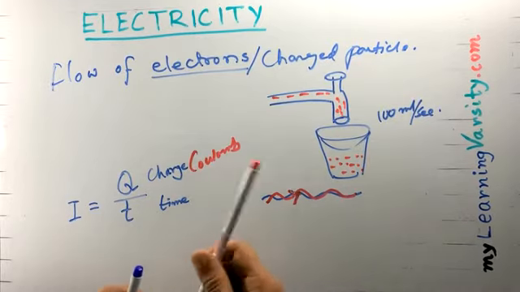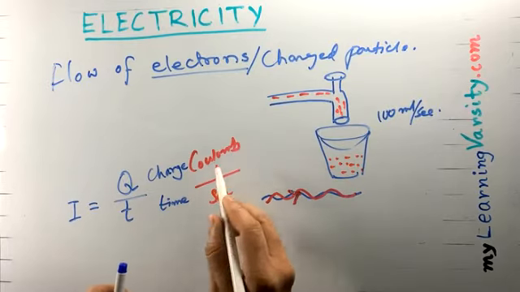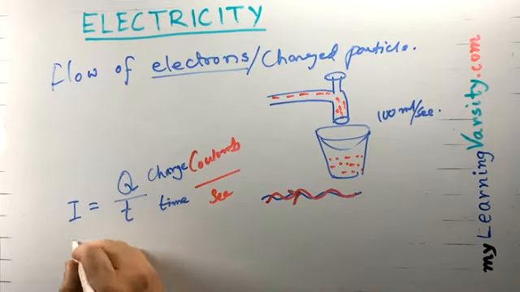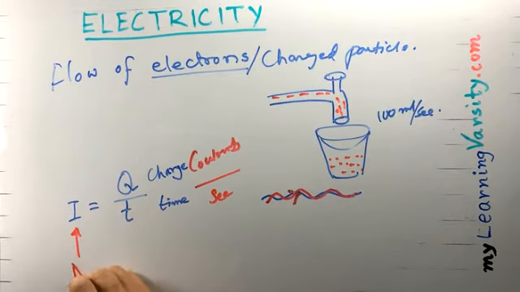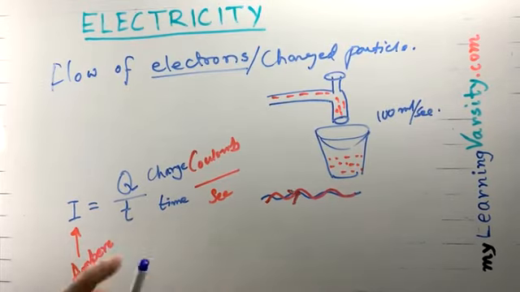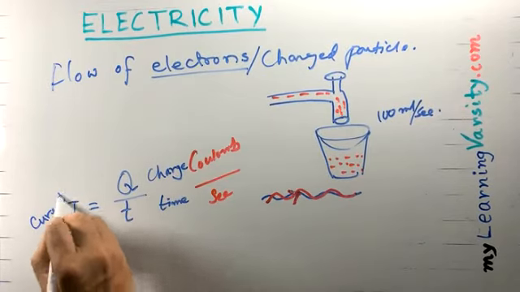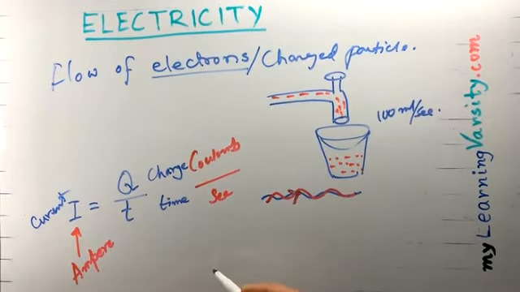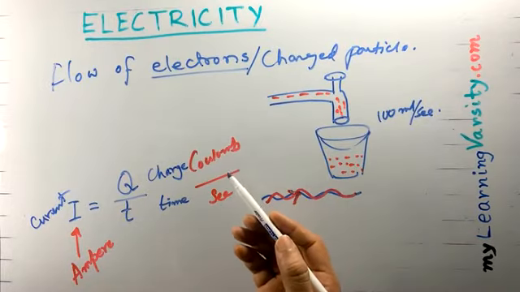So this Coulomb per second gives another scientist's name, ampere. This is current. So current is flow of charge per unit time, and the unit is ampere.